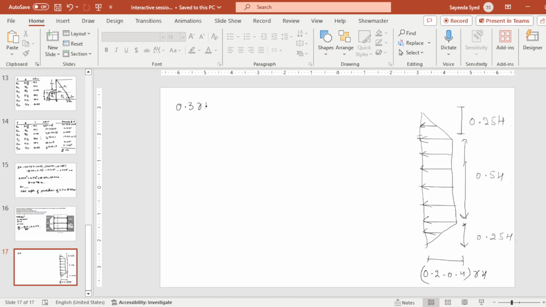Now this will be 0.25 h. Let's draw the diagram here.